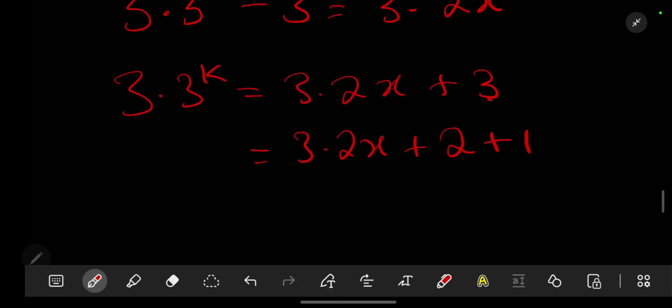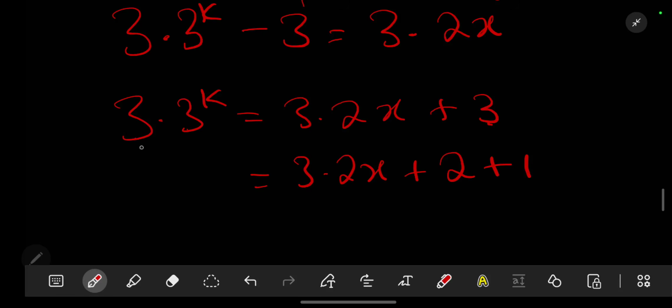On the left side, taking one base, we add the powers, so we have k plus 1.